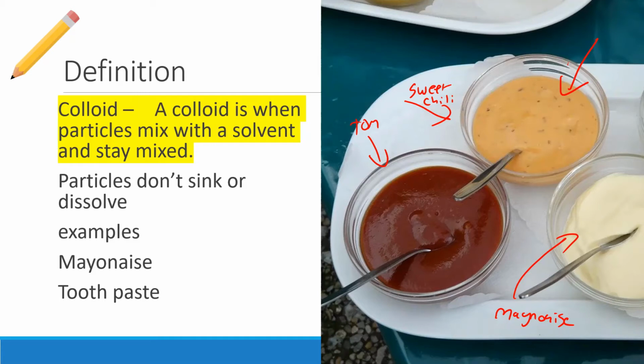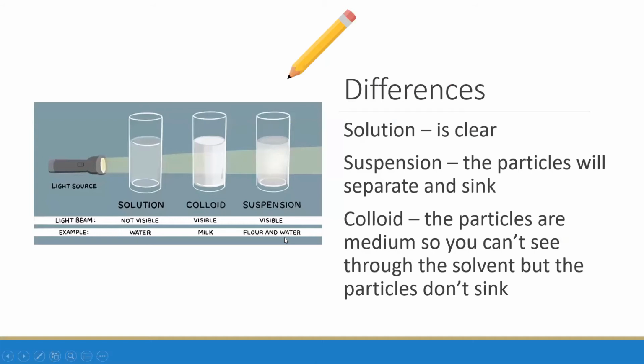So let's now talk about what the difference is between a colloid like tomato sauce and a suspension. Let's go with this. The main difference between a solution, a suspension, and a colloid is that a solution is clear.